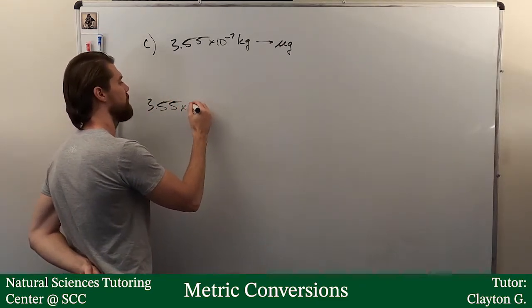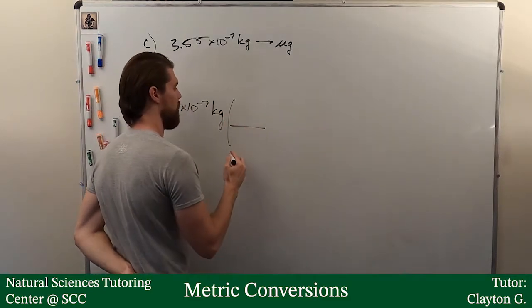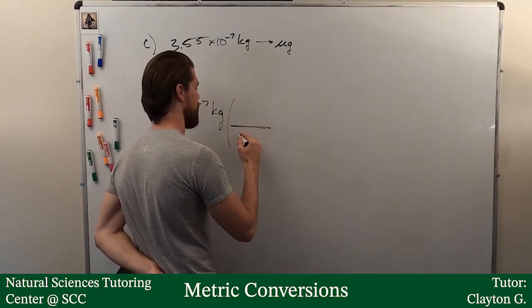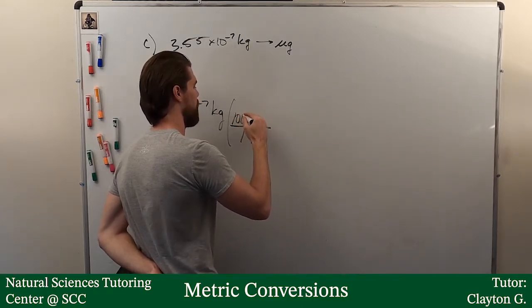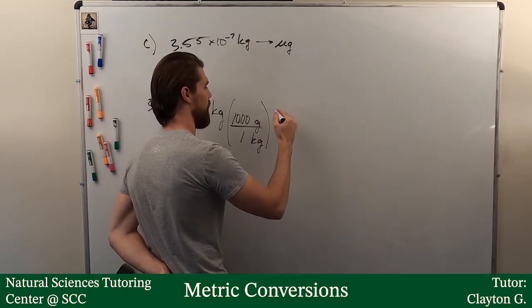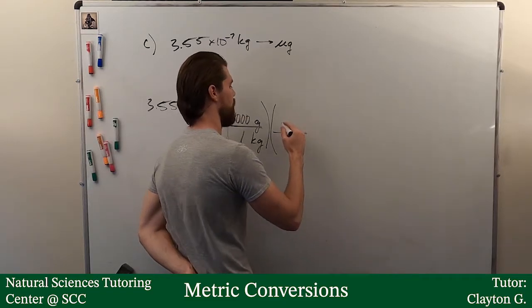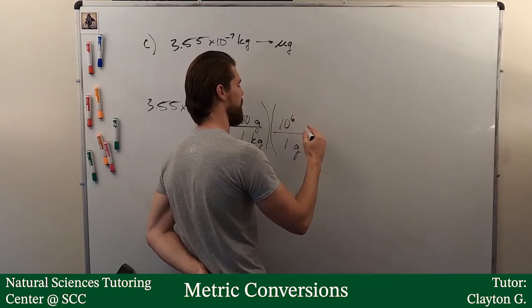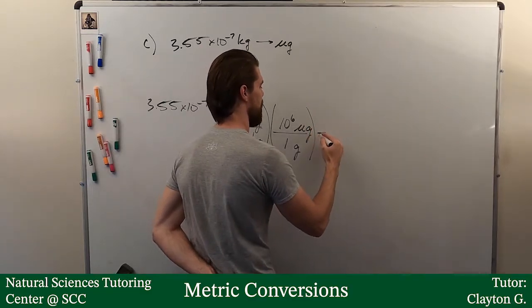3.55 times 10 to the negative 7th kilograms. I know that for every 1 kilogram, we have 1,000 grams. And for every 1 gram, we have 1,000,000, again, that's 10 to the 6th micrograms.